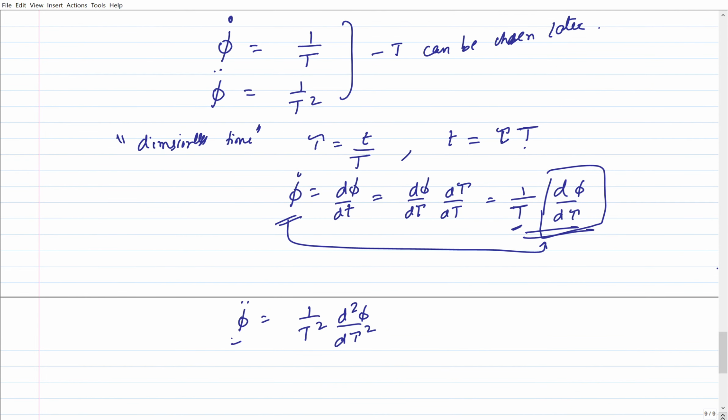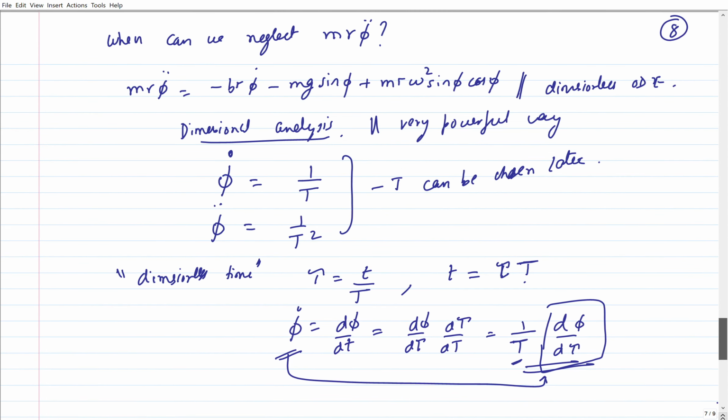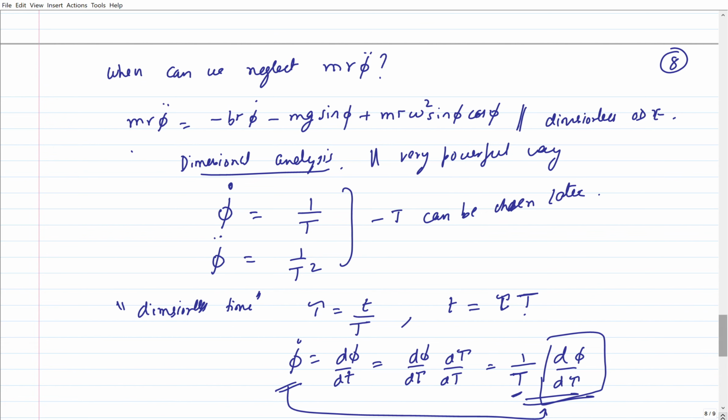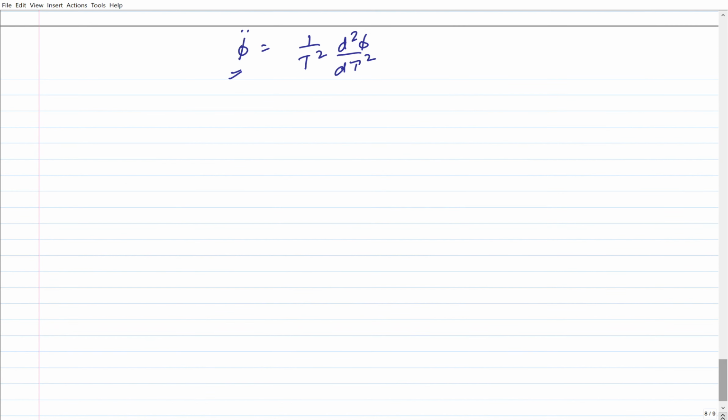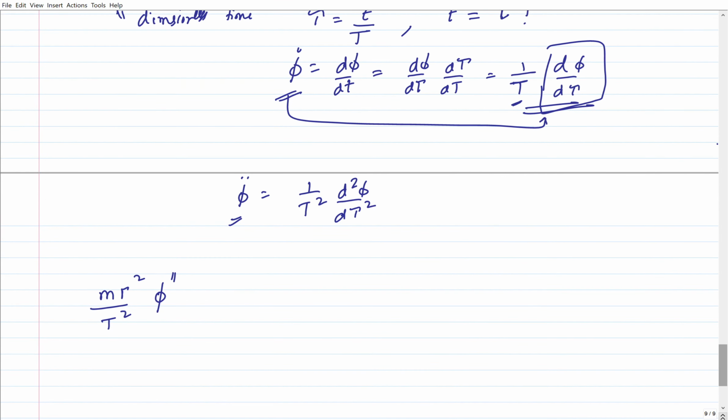So in this particular parlance, substituting phi dot dot and phi dot into our parent equation over here, what do I get? I get m r square by T square phi dot dot. So now let me represent this phi as this guy.